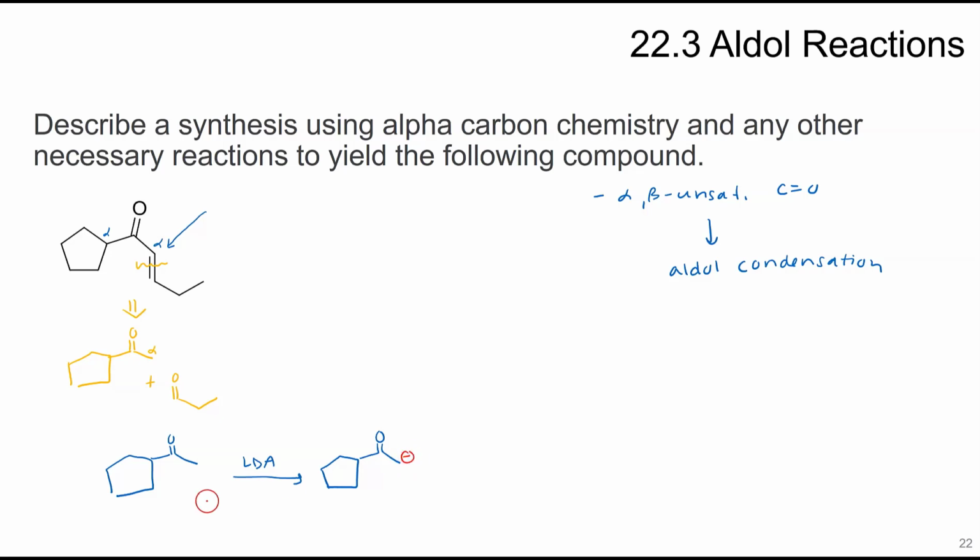That will make the negative charge there. And then to that, I will add this aldol, followed by acid and heat. You could also use base and heat there. So that's my original ketone. You draw your new bond here, and then I had 2 extra carbons. So that's how we would get to that product.